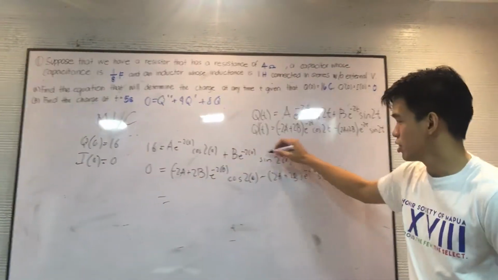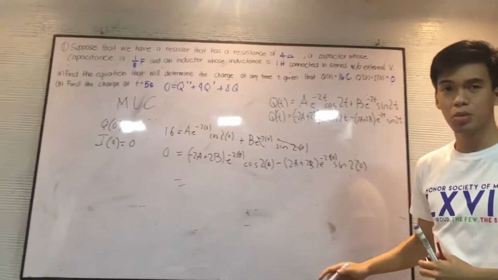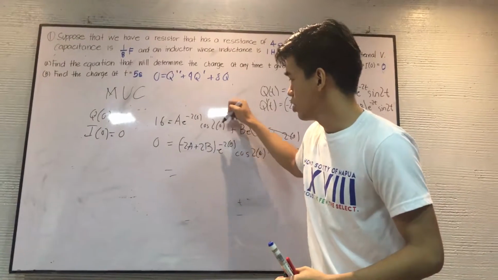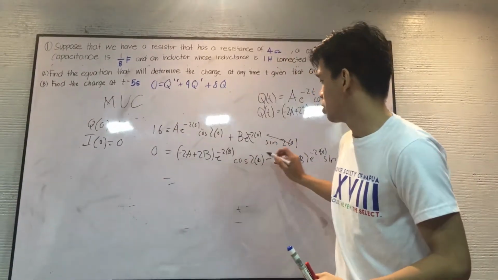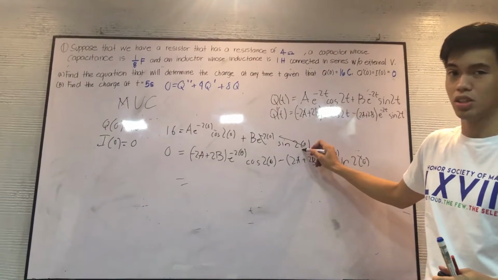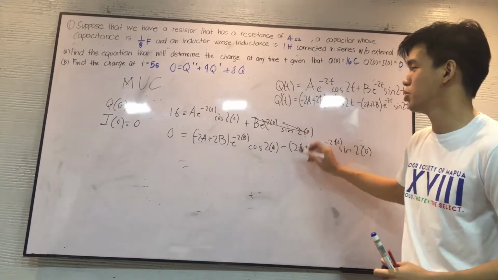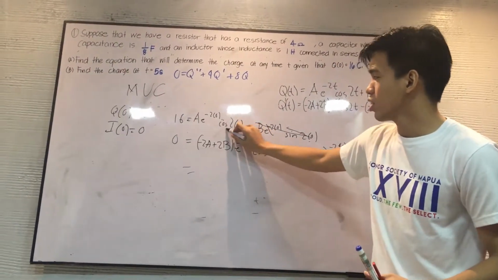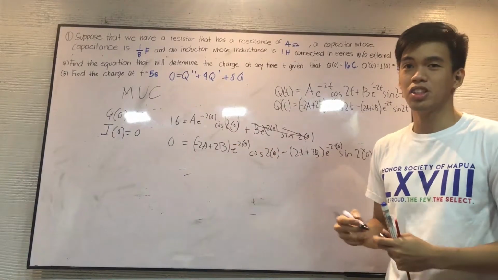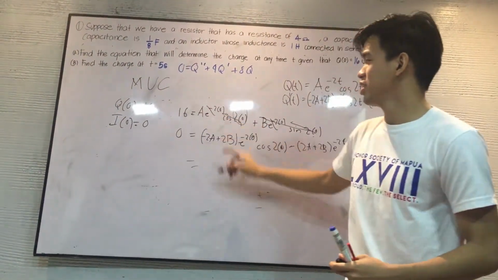We can cancel this out and also this one, since any number to the power of 0 is equal to 1. Also this one: sine 2(0) becomes sine 0, which is 0, so we can cancel the whole thing here. And cosine 2(0) becomes cosine 0, which is equal to 1.